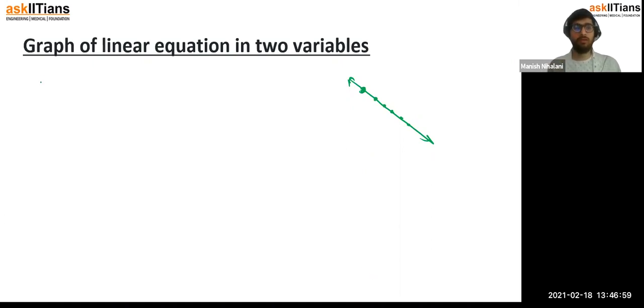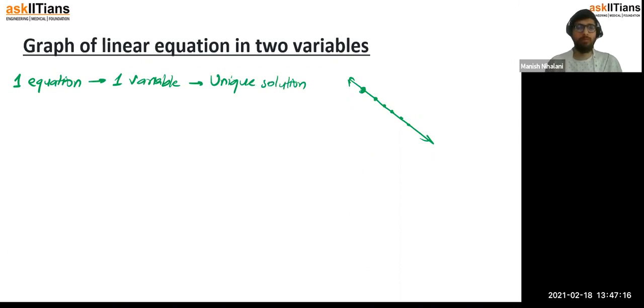So if you observe, first of all we said one equation, one variable will definitely give us a unique solution, right? Because it's just one equation, one variable.